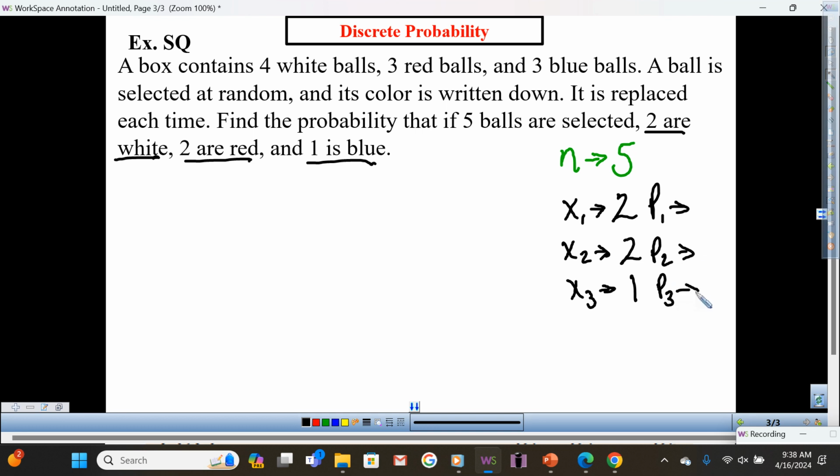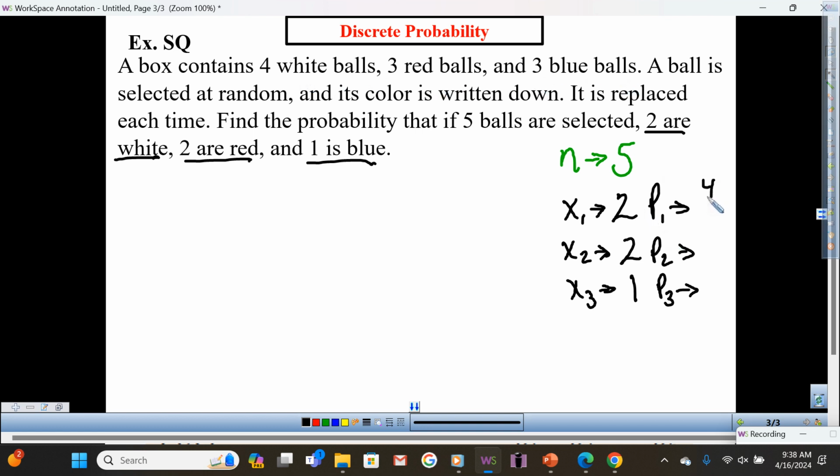This is where it gets interesting because this time they didn't give us a probability. But let's figure it out. 2 are white. Well, before looking at all that information, what is the original data? 4 white, 3 red, and 3 blue. What is the probability of a white ball according to this? Tell your neighbor. Probability of a white ball. Fernando. 4 out of 10.